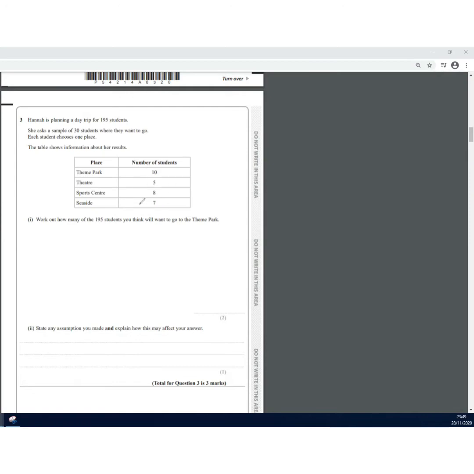Because it's a sample of 30 students, and out of 30 students, 10 of them are planning to go to the theme park, first I'll find the ratio of students going to the theme park out of 30, which is 10 divided by 30. That gives us a third.